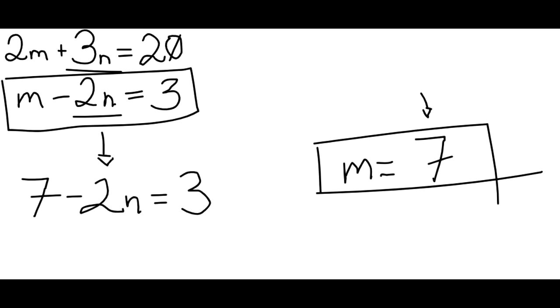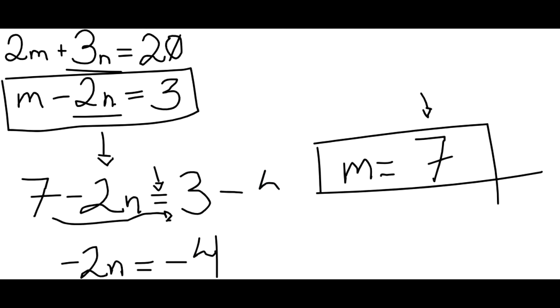And what do we do with the constant? Well, we pass it, so simple, through this little wall. But it is an addition, and now we pass it as a subtraction. So now we have minus 2n equals minus 4, because 3 minus 7, sorry, this is not a 4, this is a 7, it's minus 4.